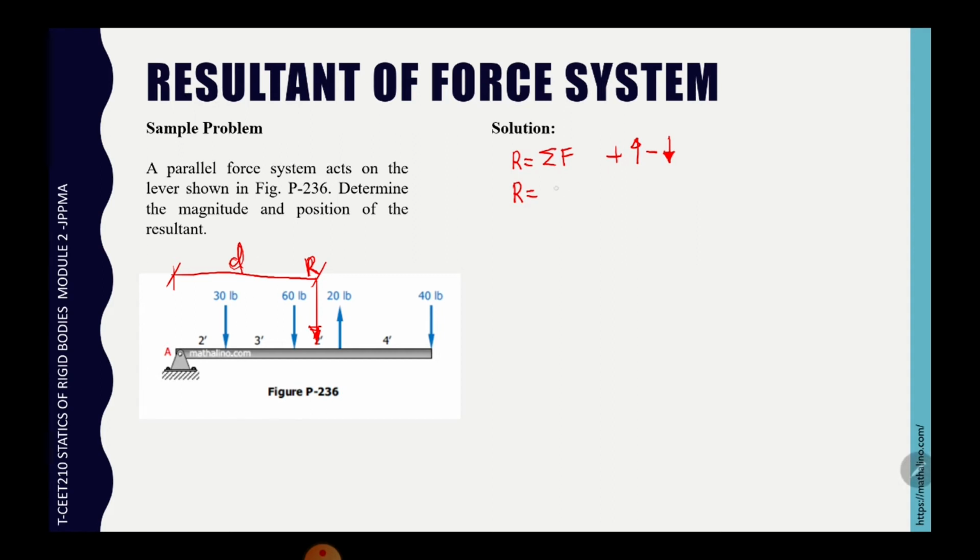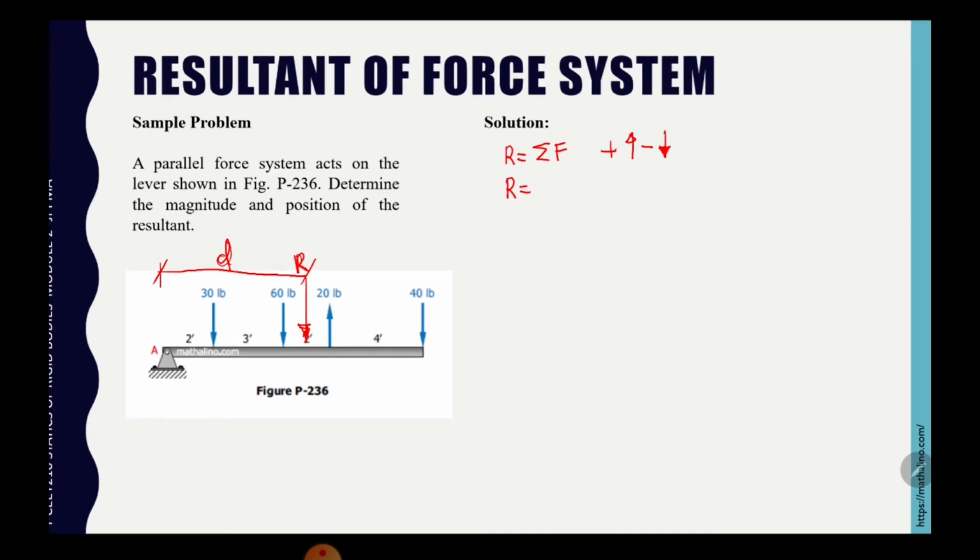going down 30, si 30 is negative 30, minus 60, negative 30 minus 60 plus 20 minus 40. So, ilan yung magiging sagot natin dyan? Let's solve.